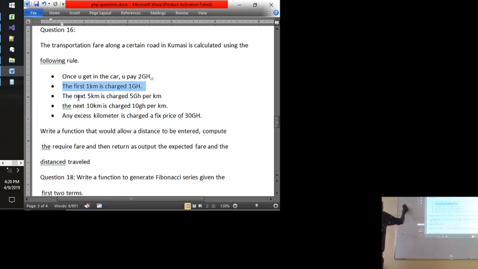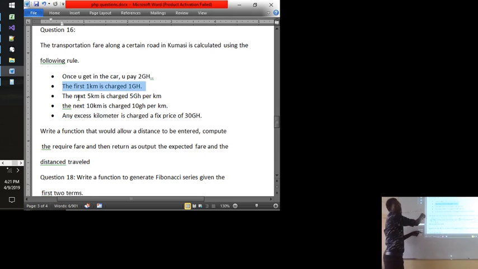Yes, so he has changed his house. So he's now here. He gets into the car. Once you step foot in, 2 Ghana, you pay it. Then the first kilometer, you are paying 1. The next 5 kilometers, you are paying 5. Then you have another 10, which is 10, right?